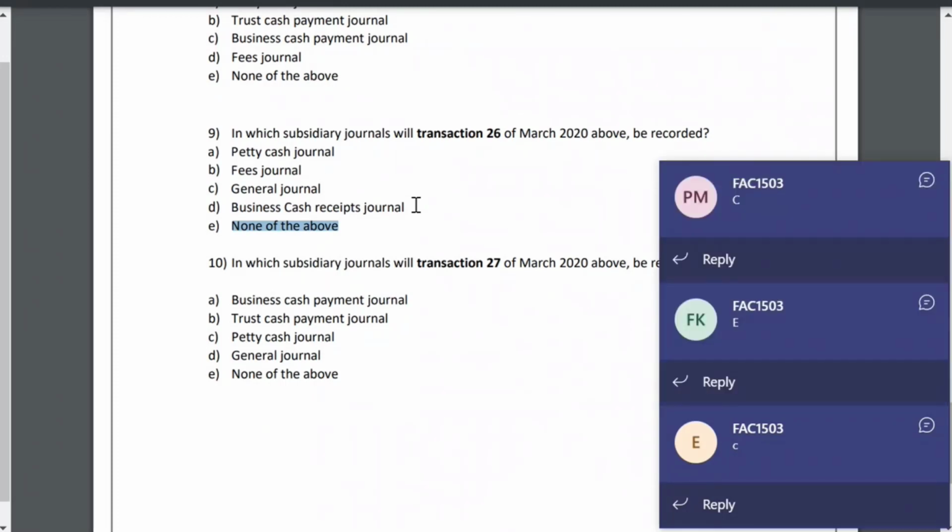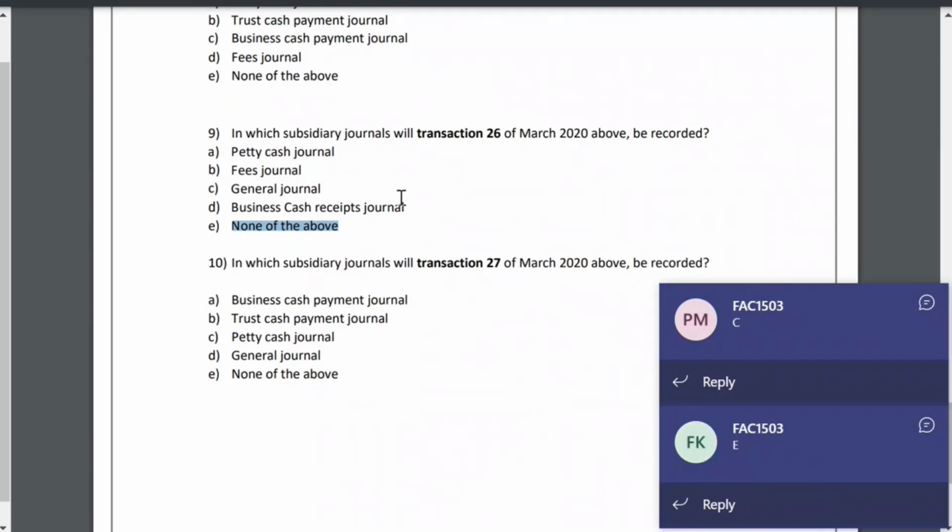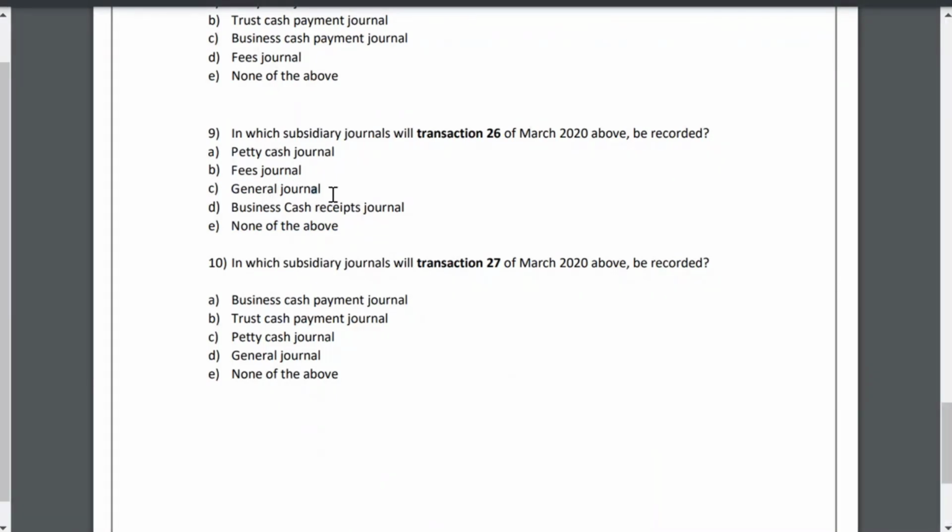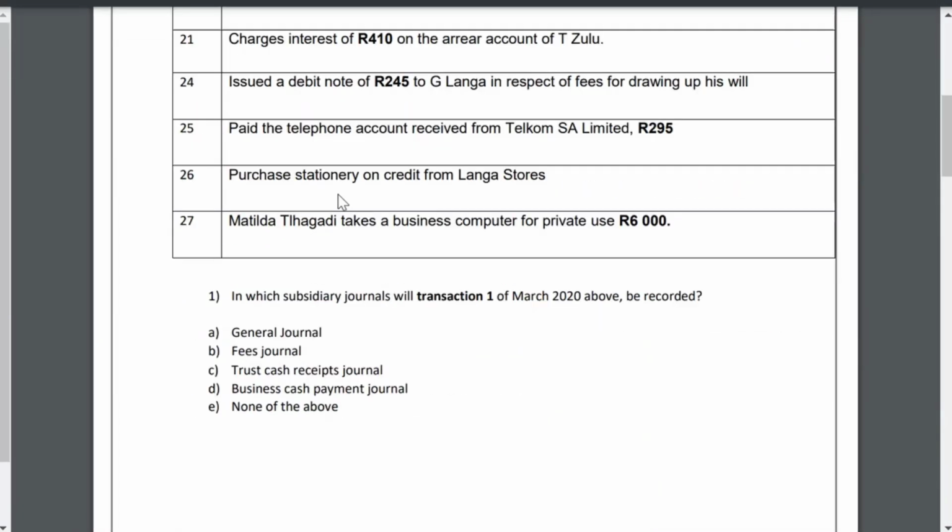Alicia is saying C, Faith is saying E, and Palesa is saying C. Transaction number 26, purchase. Matilda Atonis purchased stationery on credit from Langa stores.